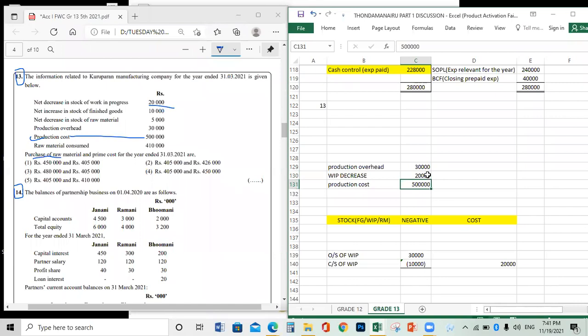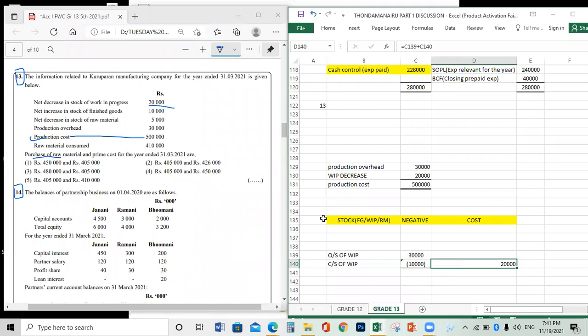It's reduced by 20,000. That's why I put values, to show you that when your work in progress is decreasing, your cost is increasing. It's negative because here it reduced while the cost increased.